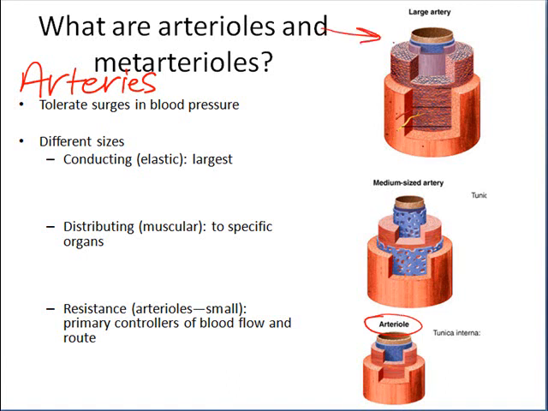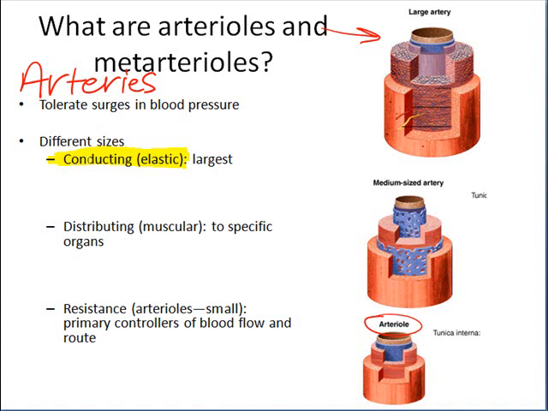So starting up here with the largest type of artery, these are what we call the conducting or elastic arteries. Both of those names should give you a hint as to what they do. They're involved in conducting large amounts of blood. Again, the examples I gave you were the pulmonary trunk, the aorta.